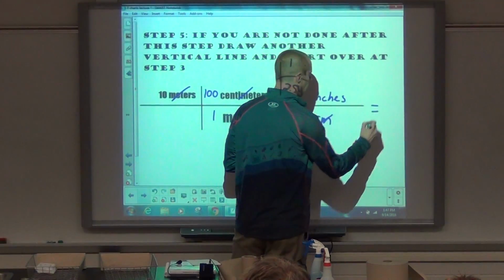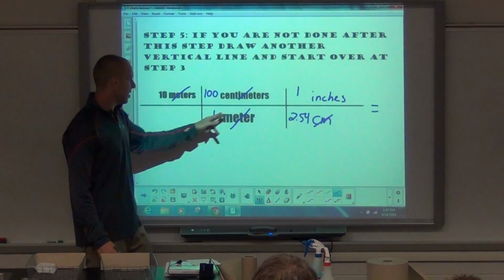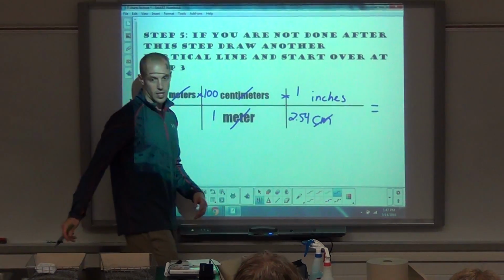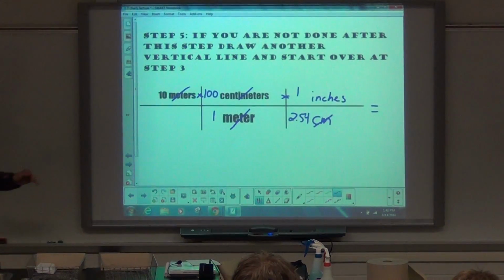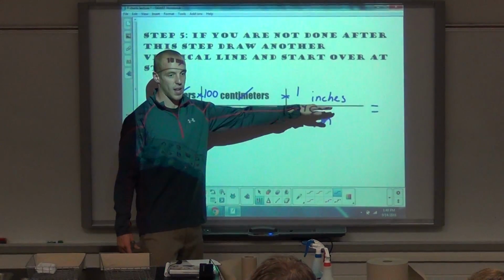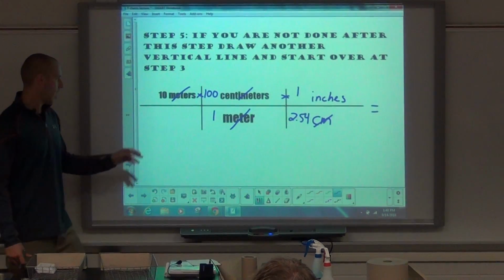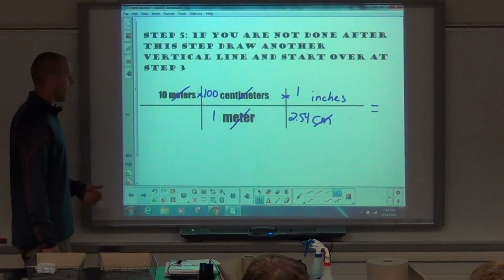There's only one thing left to do, and it's solve this. Basically, you can think about these as all multiplication. So there's a little x here, little x here. You multiply by everything on top, and everything on the bottom of this line, you're going to divide by. So multiply, multiply, multiply, and then divide, divide. You take 10 times 100 times 1.